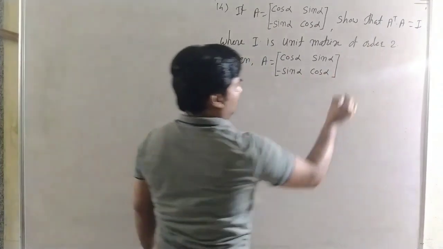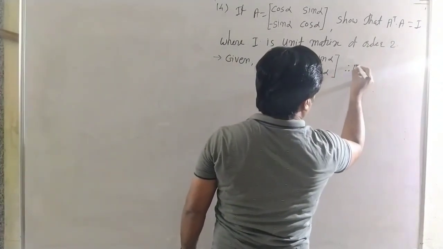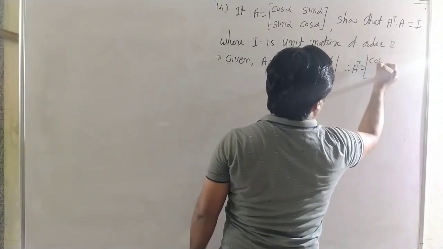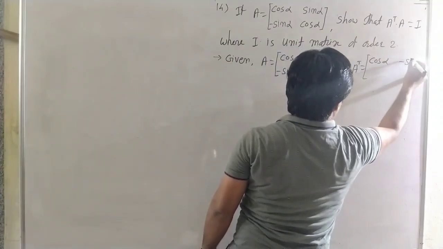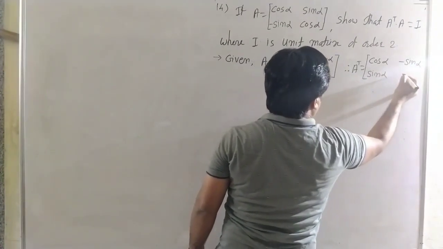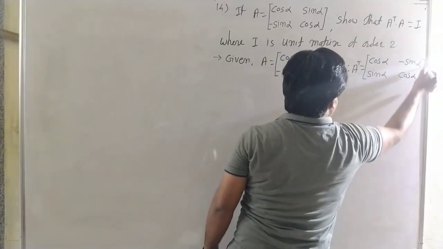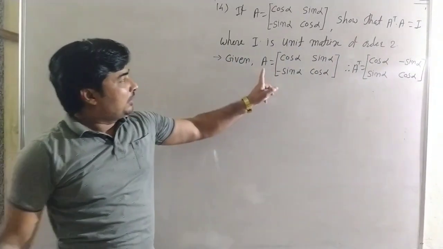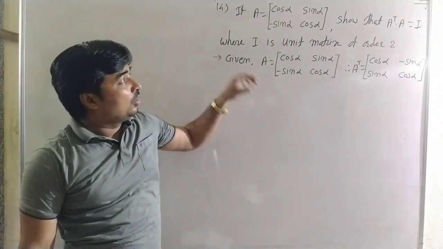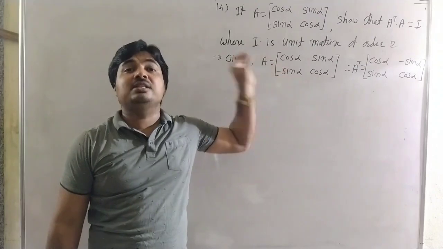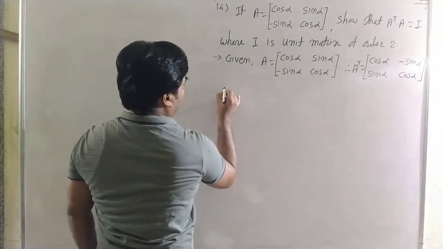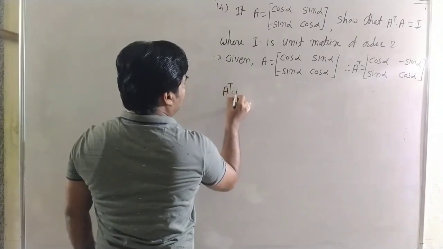Okay, therefore A transpose is equal to cos alpha minus sin alpha, sin alpha cos alpha. Here it is the given matrix A, we find the A transpose. Now we have to show A transpose into A is equal to identity matrix. Therefore we find the multiplication of A transpose into A.